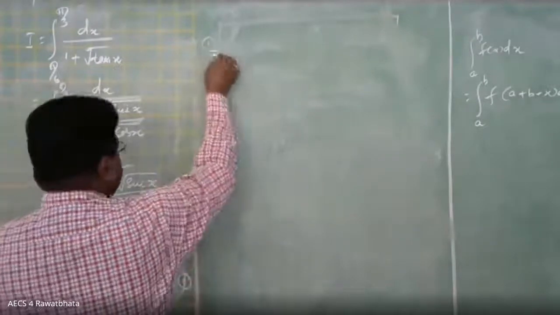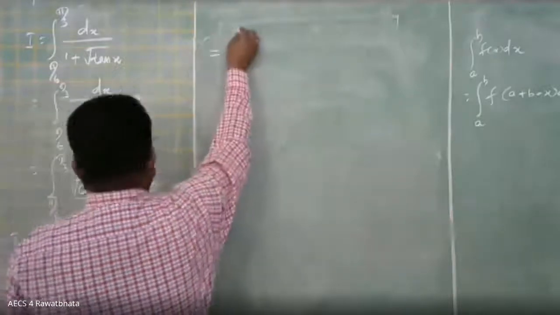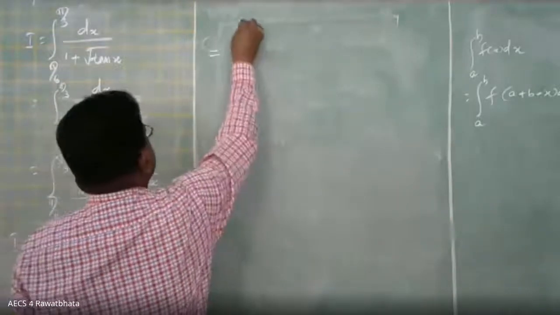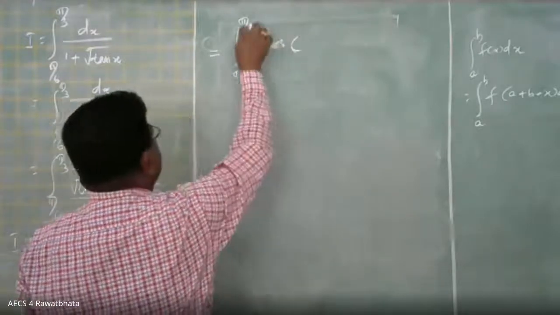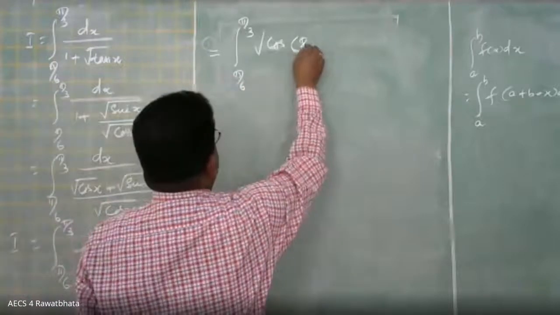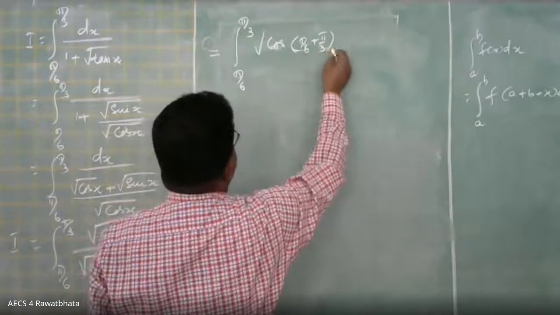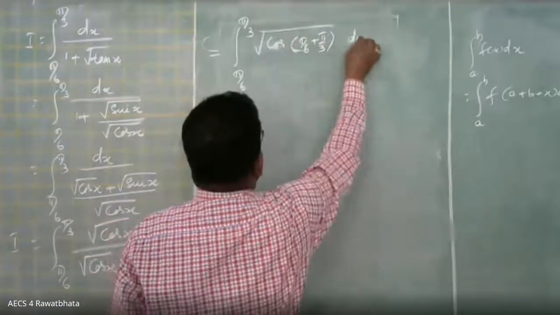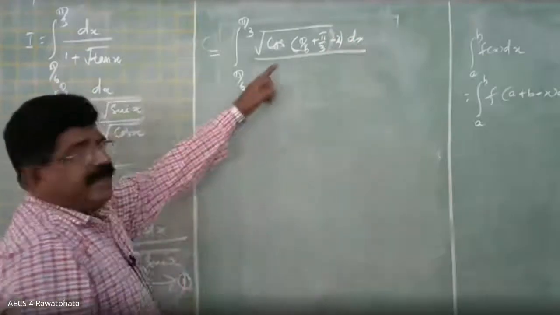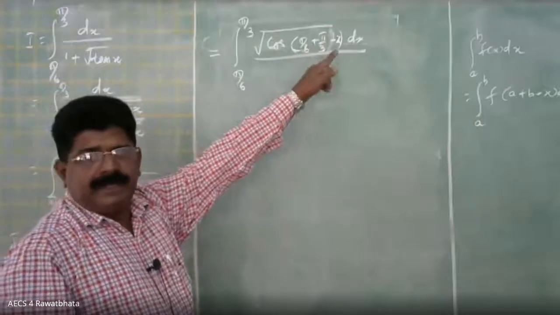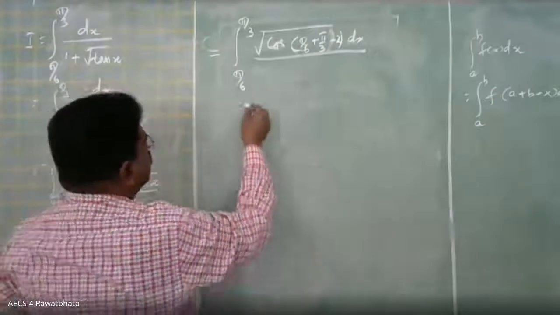So now that is equal to the integral from π by 6 to π by 3 of root of cos of (π by 3 plus π by 6 minus x). One step I will write here: a plus b is π by 3 plus π by 6. The whole upon, you see, π by 6 plus π by 3: this is 30 degrees and that one is 60 degrees, so that is 90 degrees, π by 2 radian.